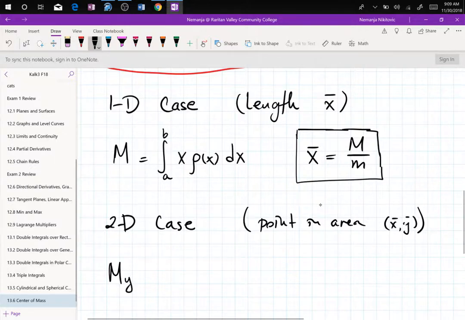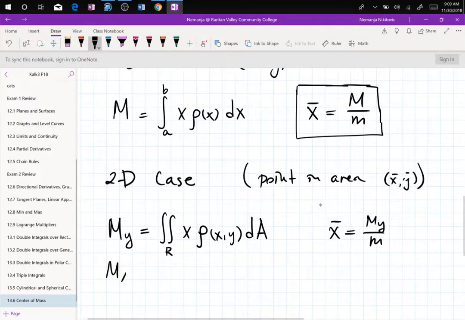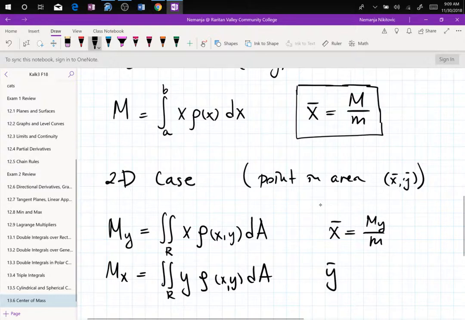You have to find My, which will be the double integral over the region of x rho of x,y dA, which would give you x bar as My over m. And then you find the moment about x, which is going to be the double integral of y rho of x,y dA. I'll explain this, just give me 1 second. That gives y bar as Mx over the mass.